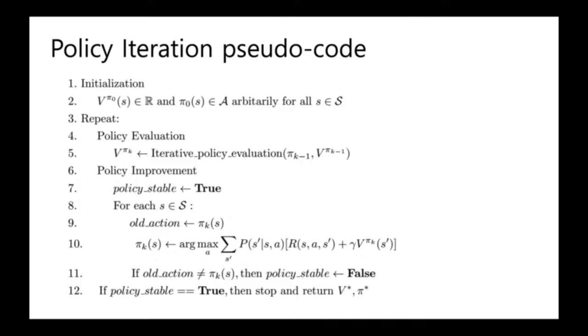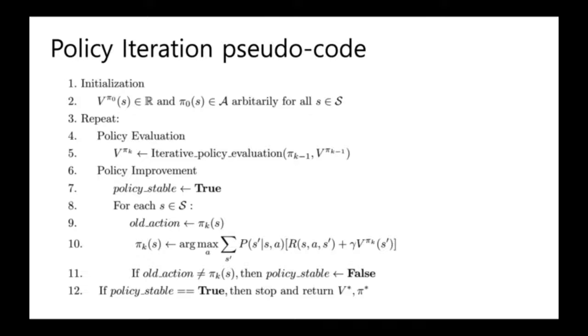Here is the policy iteration pseudocode. First, we will randomly initialize the value function and policy over all states. Secondly, we will repeat the following two steps until the stop condition is met. In the policy evaluation step, we use the iterative policy evaluation.